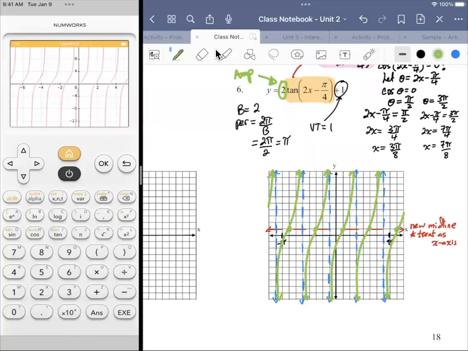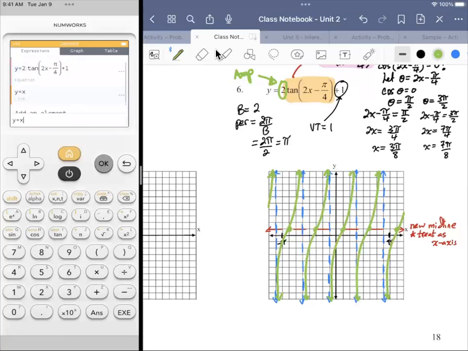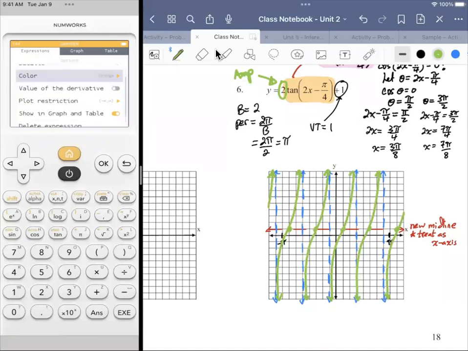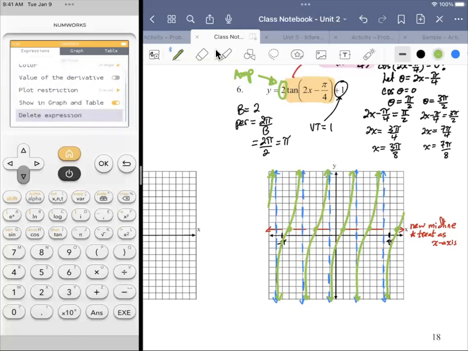And you can see if I put y equals 1, I'll just do that real quick. I'll do it as something that looks halfway decent. I guess orange is fine. Plot restriction, fine.